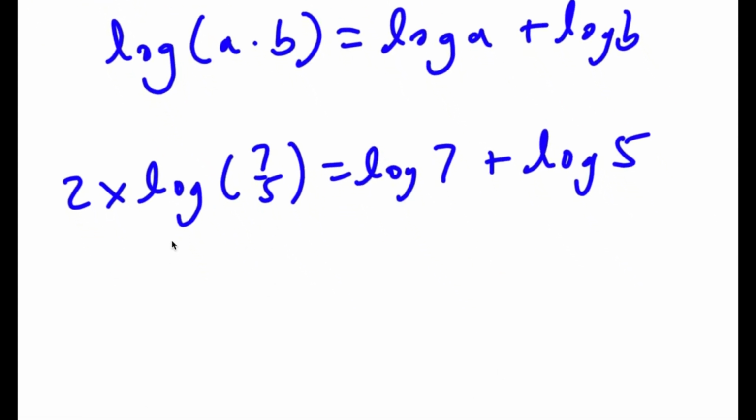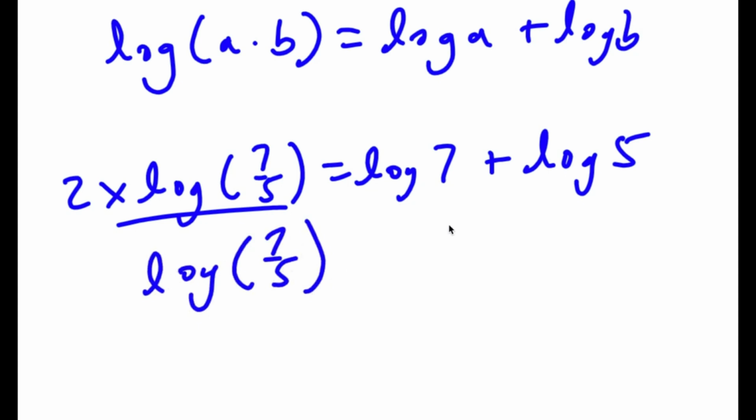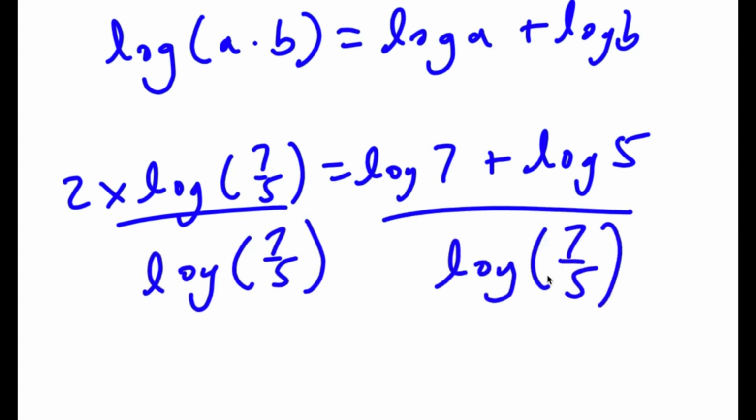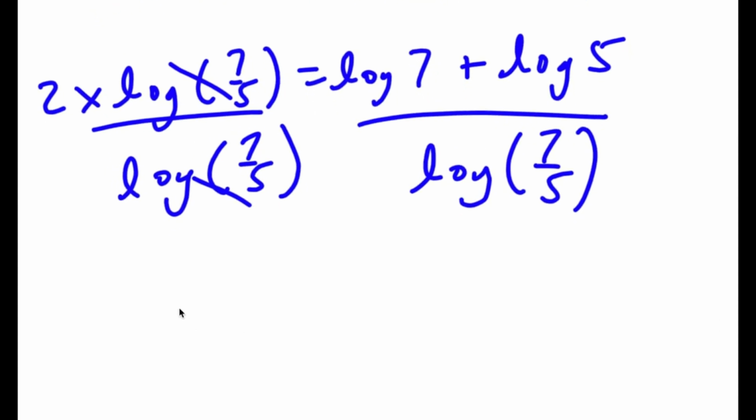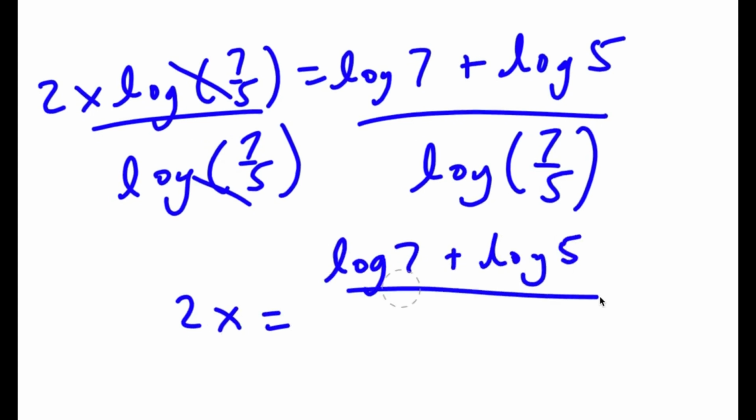So now I can go ahead and divide both sides by log of 7 over 5. Then these two cancel out, and I would be left with 2x is equal to log 7 plus log 5 over log of 7 over 5.